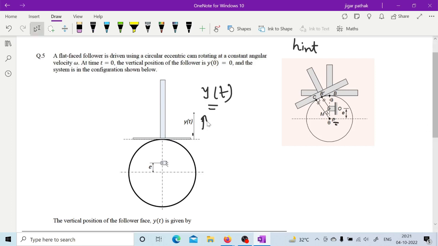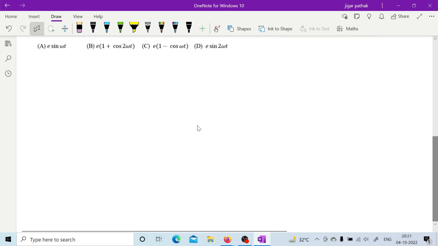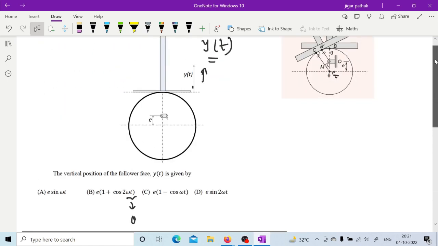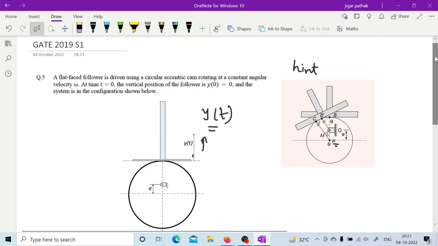You have to see how the cam rotation angle affects the follower travel, because omega t is nothing but theta. Can you try and solve this one? From this hint you can try.